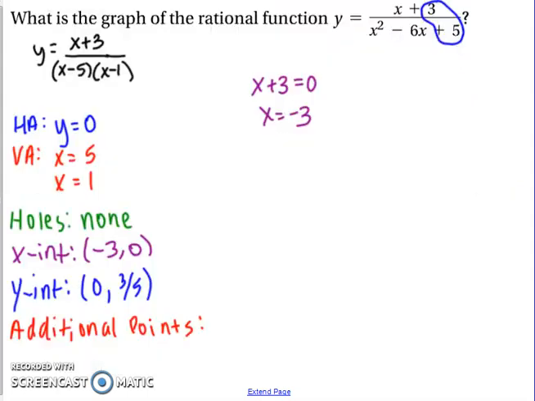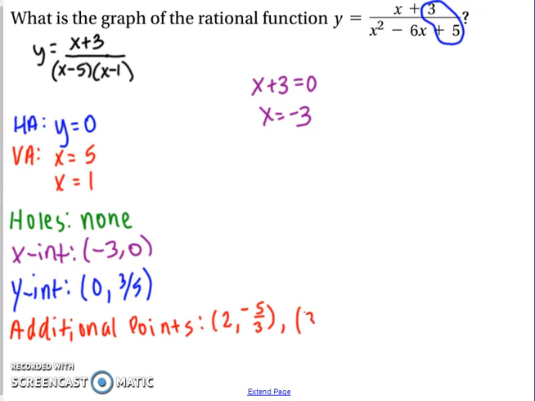And again, you can pick any points that you want. You pick the x, plug it into the equation, and find the resulting y. So I'm going to pick 2 as my x, since that's in that middle section, and then I get negative 5/3 for y. All I did was plug 2 into this function, and I got negative 5/3 as my answer.